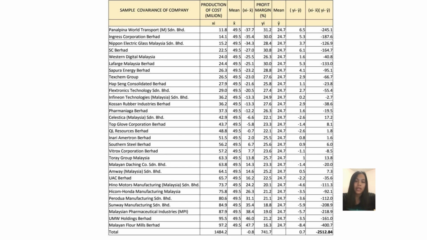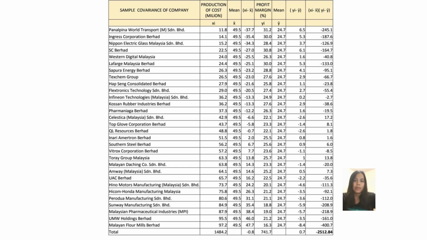For example, Panamlina World Transport, yi and y bar, which is 31.2 minus 24.72, so I get 6.48. So I repeat for all the data points. For the deviation yi and y bar, the total I get is 0.12 percentage.